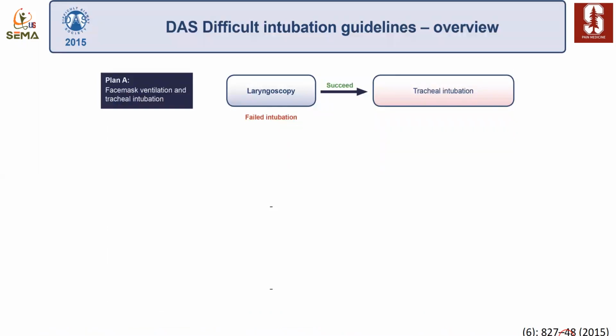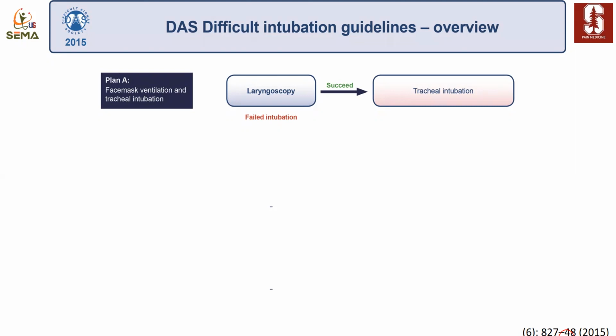So then obviously you have to have a difficult airway algorithm. Maybe many of you are familiar with the ASA difficult airway algorithm, but I decided to use this one because I feel it can be more applicable to situations outside the OR. But the concept is the same.